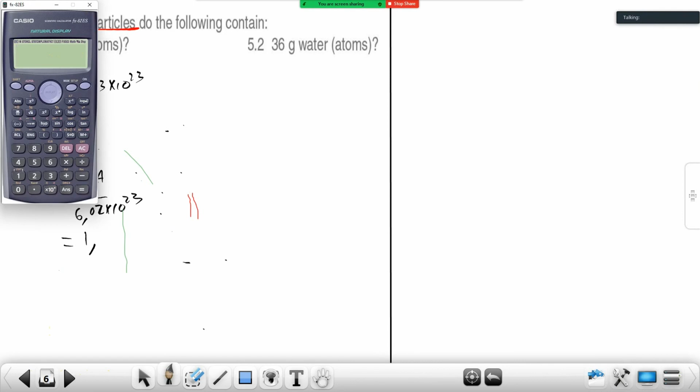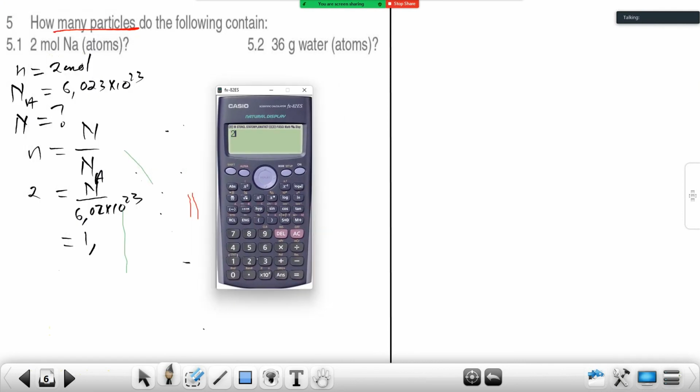Calculator again. So it's 2 multiplied by 6.02 to the power 23. This will give me 1.204 multiplied by 10 to the power 24.